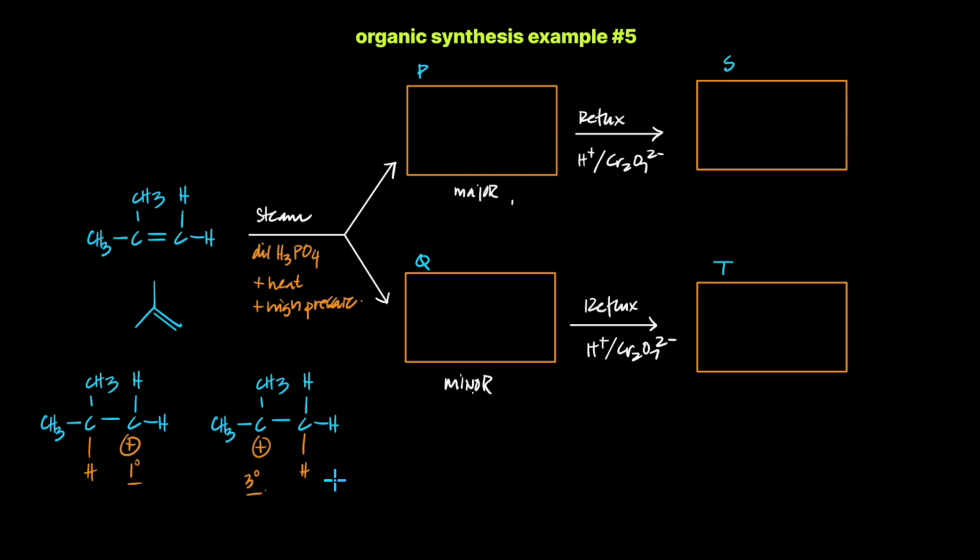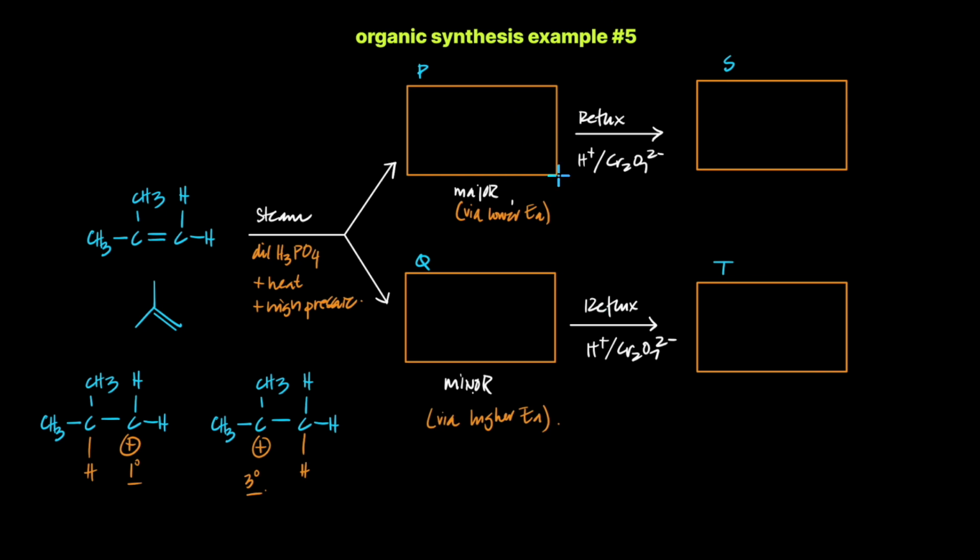Which is more stable, primary or tertiary? Because whichever carbocation is more stable, that will be the lower activation energy, and that will be the major product. So the major product will be via lower activation energy, remember that, and minor will be via higher activation energy.